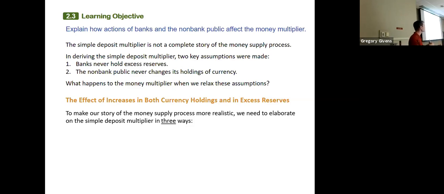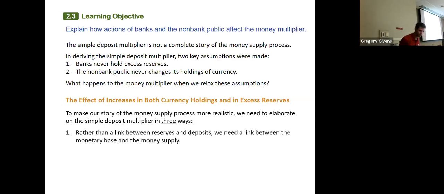This deposit multiplier process is really at the heart of the money supply process. It's the central mechanism in our economy that is driving what determines the money supply, is this multiple deposit loan creation process. That's why we talked about it first, because I wanted you guys to develop that intuition. So it's useful in that regard, but it's not really realistic for the reasons that we've talked about today, okay?